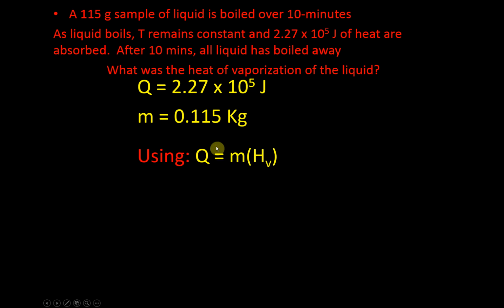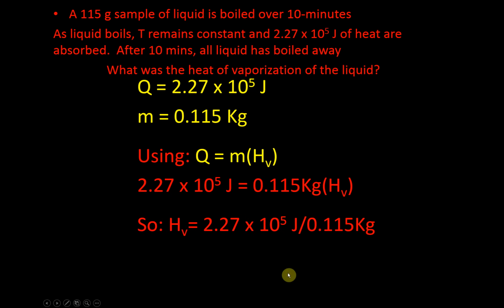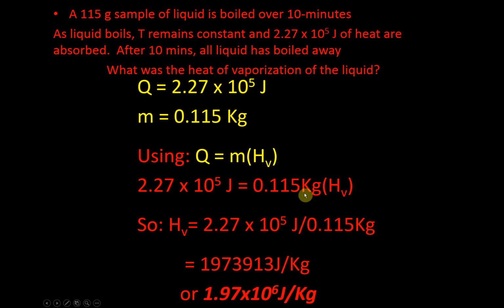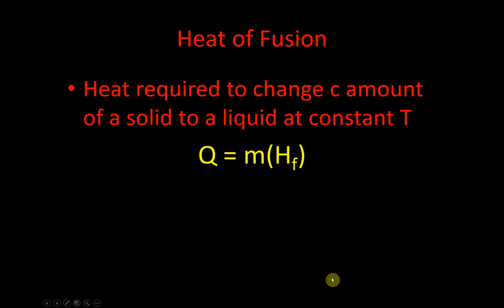Q, as we said before, is equal to M times HV or LV, doesn't matter. Substitute in, rearrange, and we will find the heat of vaporization for this particular liquid of 1.97 times 10 to the 6 joules per kilogram. So that's the heat of vaporization.